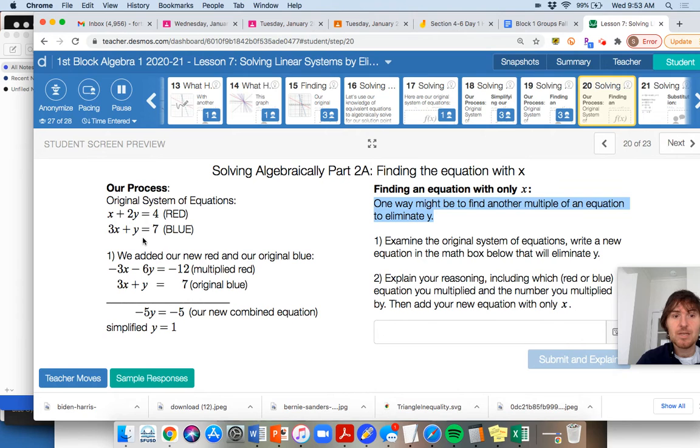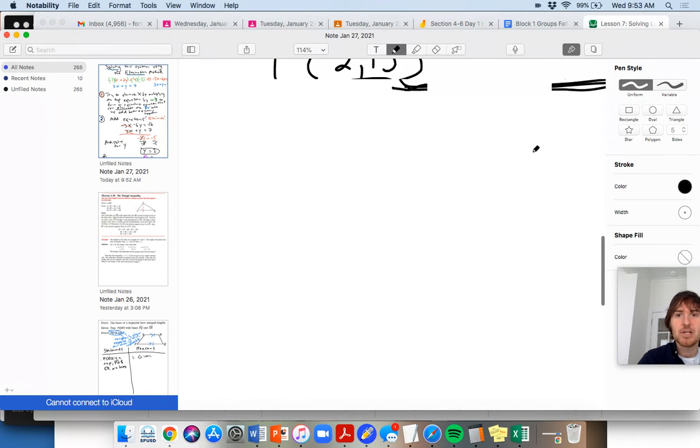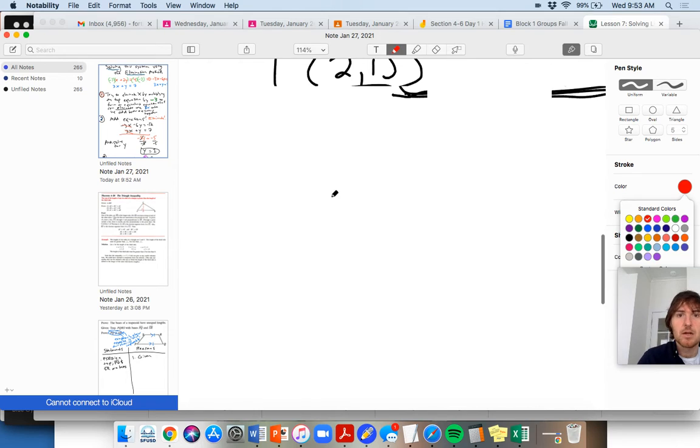So we eliminated x originally. Let's maybe look at writing a new equation that will eliminate y. So maybe this is having you think outside the box here. Let me write down your original equations right here, up top.